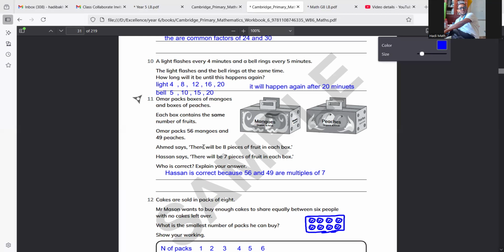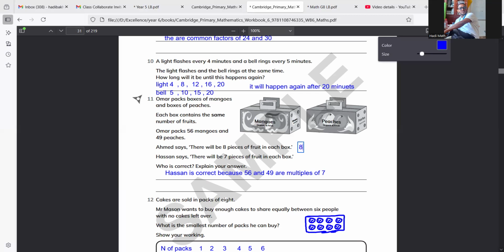Ahmed says there will be 8 pieces of fruit in each box. If we say 8, okay, no problem. Let's say 8. What are the multiples of 8? The multiples of 8 are 8, 16, 24. These are the multiples of 8.